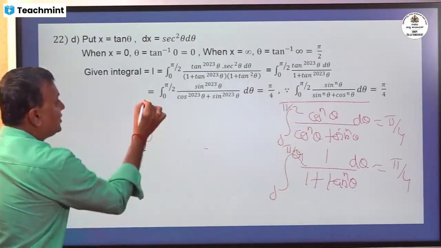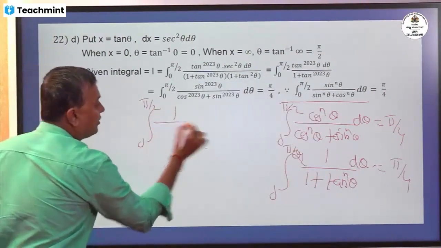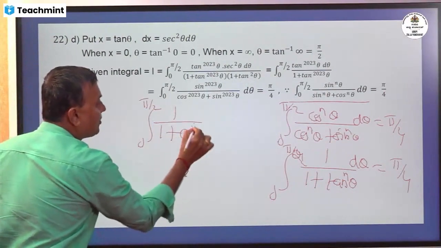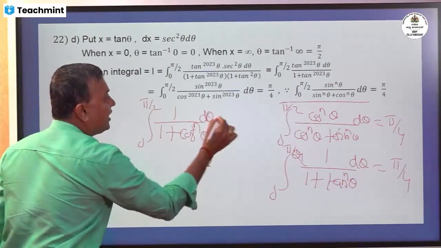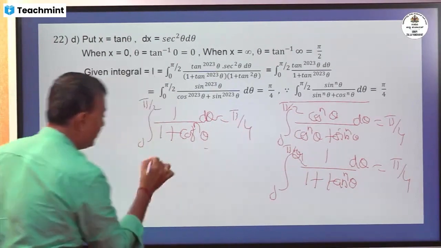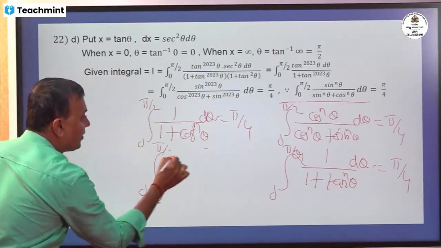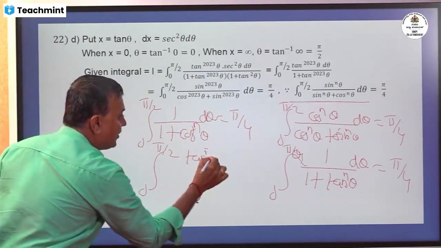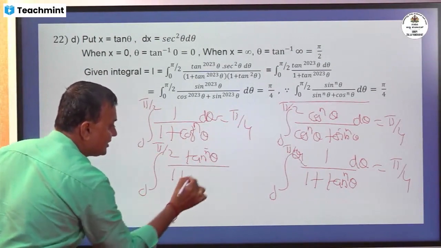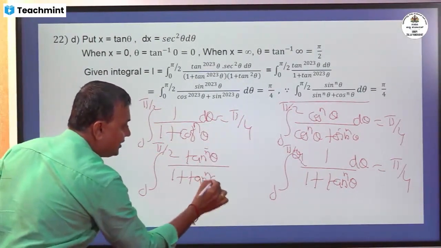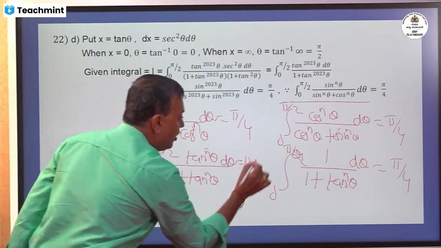Integral from 0 to pi by 2 1 by 1 plus cot to the power n theta d theta is also pi by 4. Integral from 0 to pi by 2 tan to the power n theta by 1 plus tan to the power n theta d theta is also pi by 4.